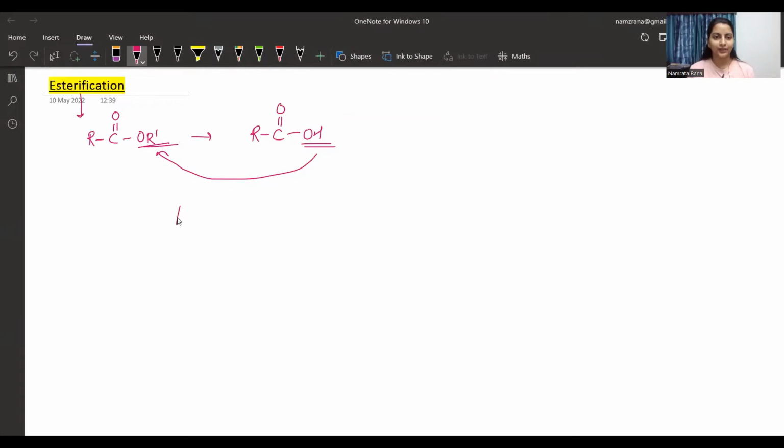So by using two reagents, that is our carboxylic acid, RCOOH, and another one as ROH, which is your alcohol. This is your acidic part, and alcohol part will give you R, C, double bond, O, and R. For the ease of reaction, let me indicate this alcohol by an R dash group, which may or may not be different from this R, right?